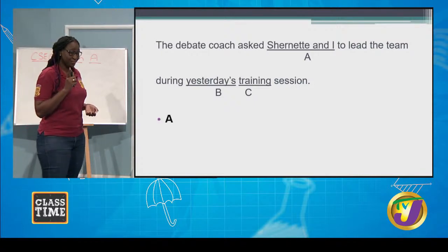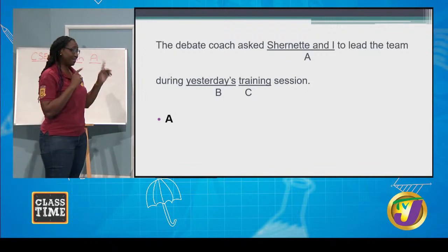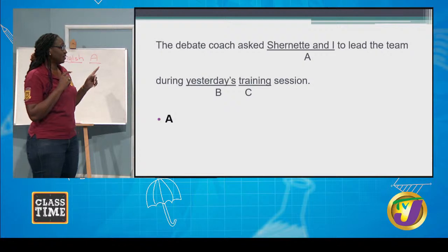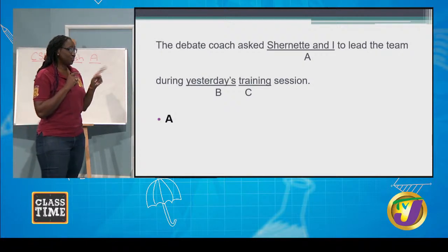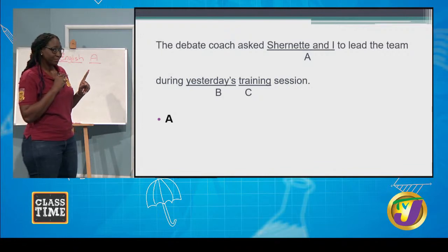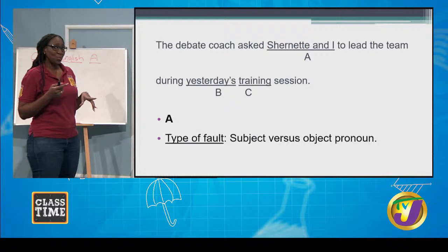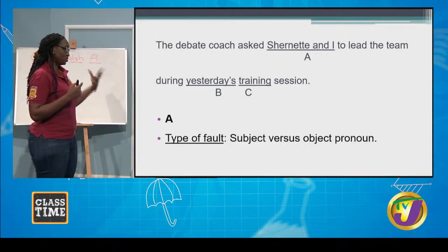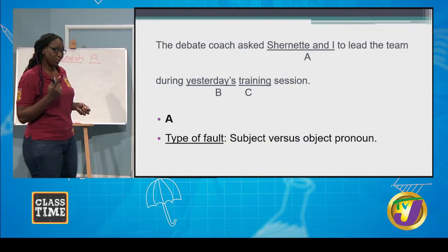It is not fine. There is something wrong with saying Shernet and I at that point in the sentence. What is wrong with saying the debate coach asked Shernet and I? Think about it carefully. So we need to know when to use a subject pronoun and when to use an object pronoun.